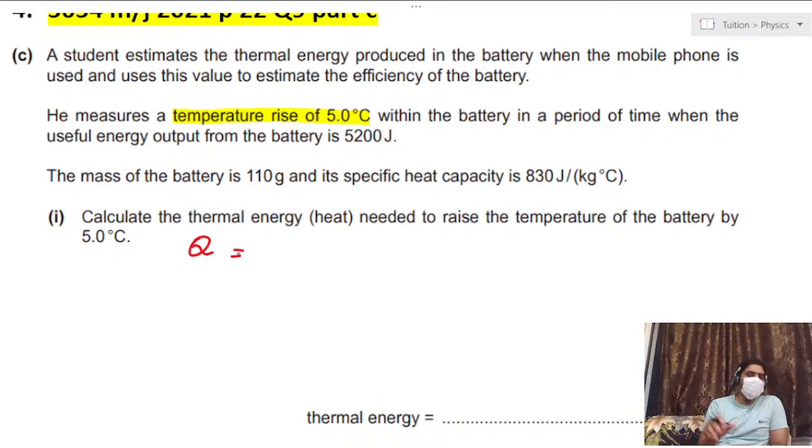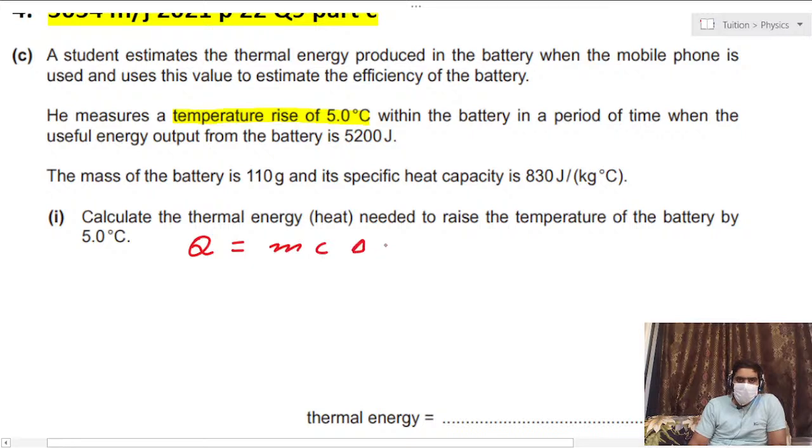Thermal is a Latin word for heat, so it's just the same thing: heat energy or thermal energy. So mc delta theta. So Q, thermal energy, you need to calculate, just write it down as it is.